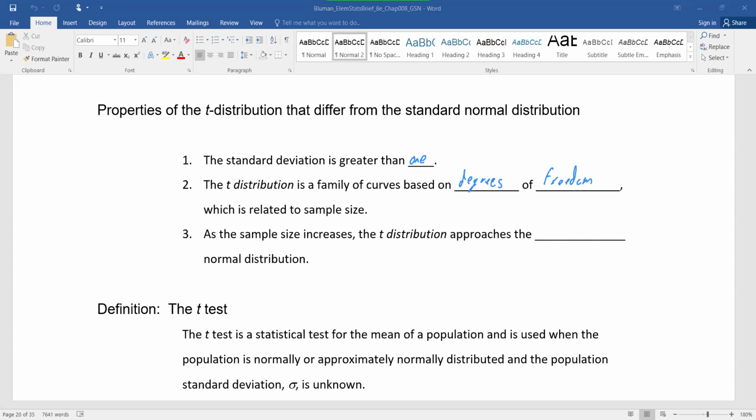So as the sample size increases, the t-distribution approaches the standard normal distribution. And so the larger our sample size, the closer we get to that. We still good? All right.